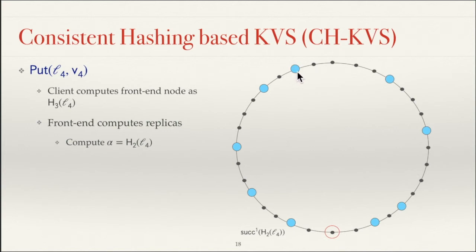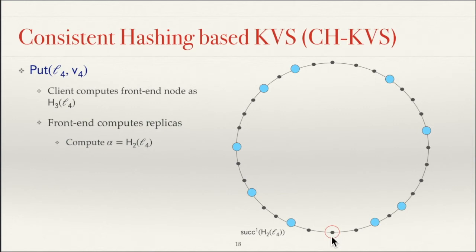Then the front end node computes the replicas for this label value pair, because we need to store this somewhere in the network. To compute those replicas, it computes H2 of L4. Let's say it's this red point over here. But as you can see, there is no node over here, so essentially you cannot store this pair on this address.